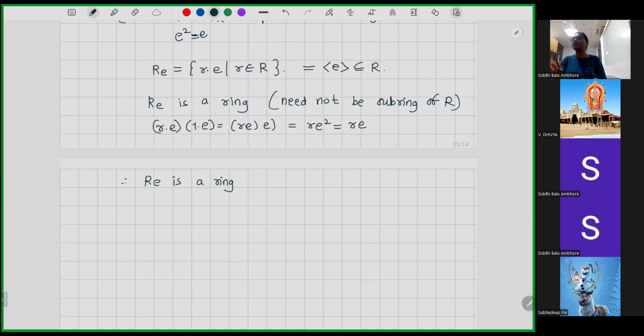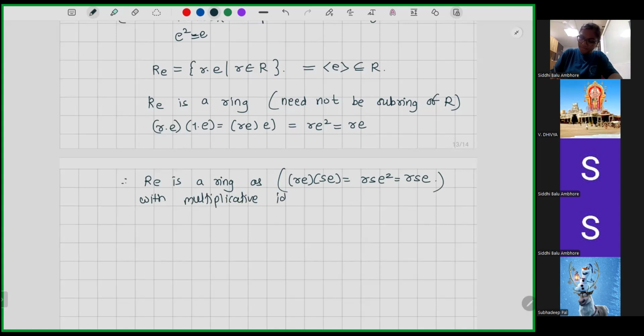Addition is not a problem. RE into SE will be RSE square, which is RSE. And RE plus SE will be (r plus s) into E. With multiplicative identity E.